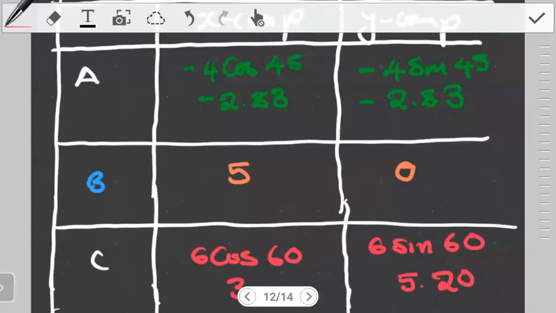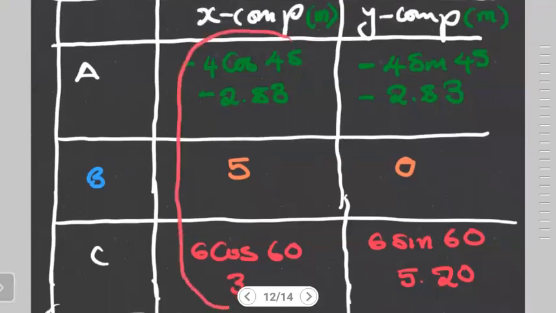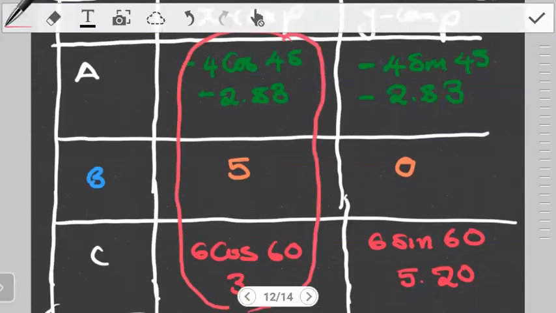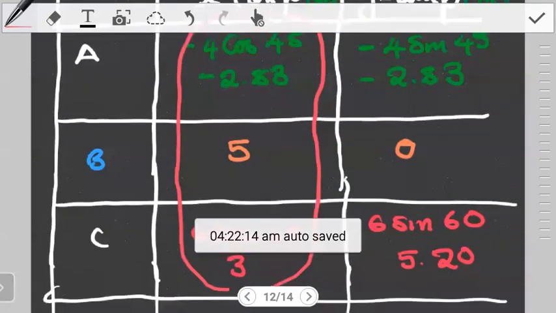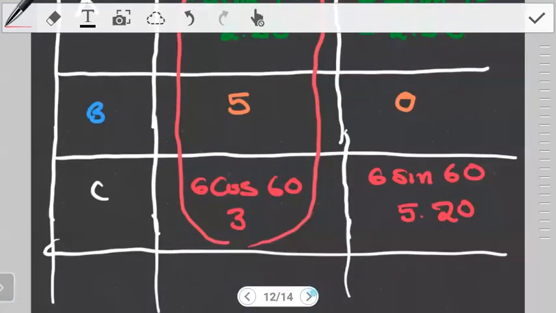So I will add the x components to get the x component of the resultant, and I'll add the y components of each vector to get the y component of the resultant.